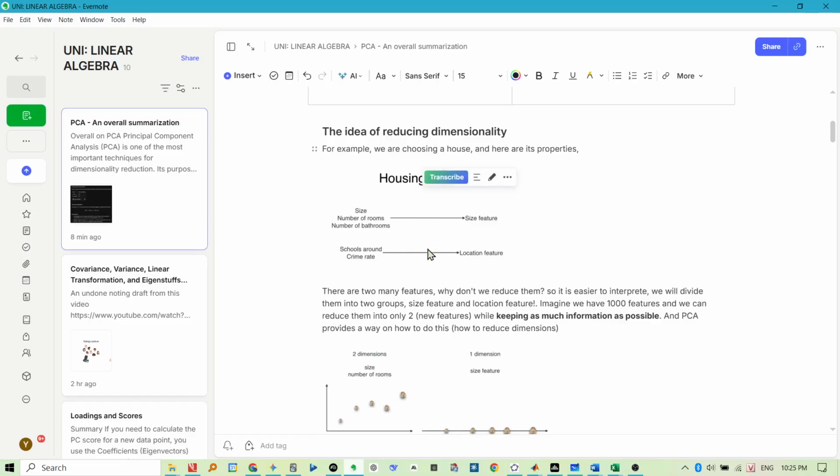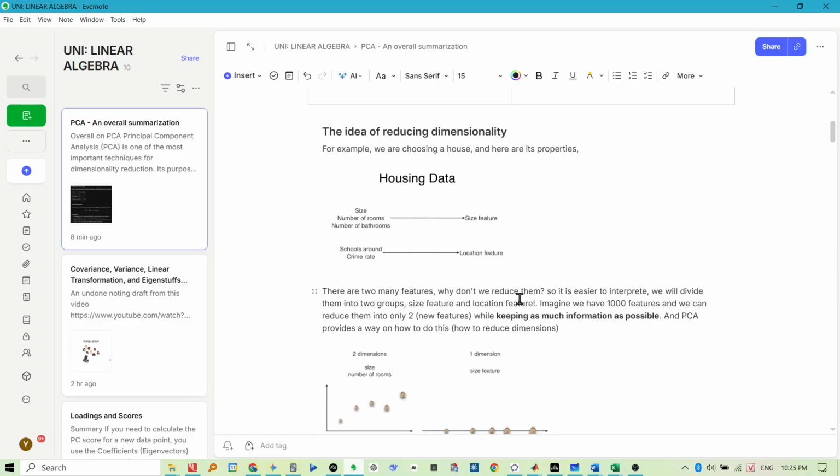But if there are 1,000 features, how can we evaluate this data in the most efficient way? It's by using PCA. PCA will reduce these 1,000 features to a much smaller number of features.